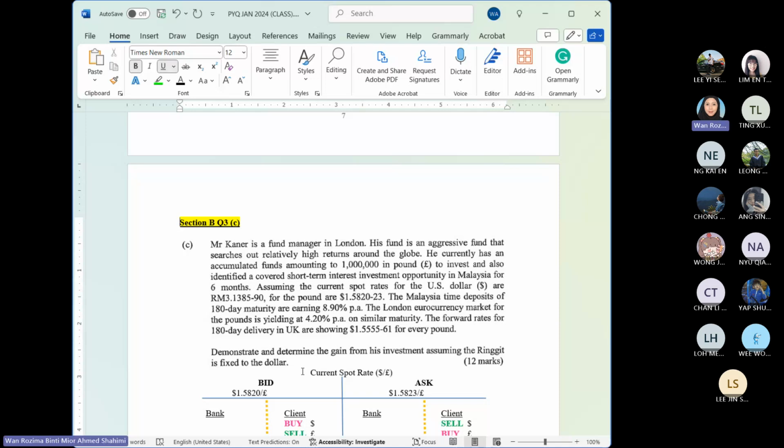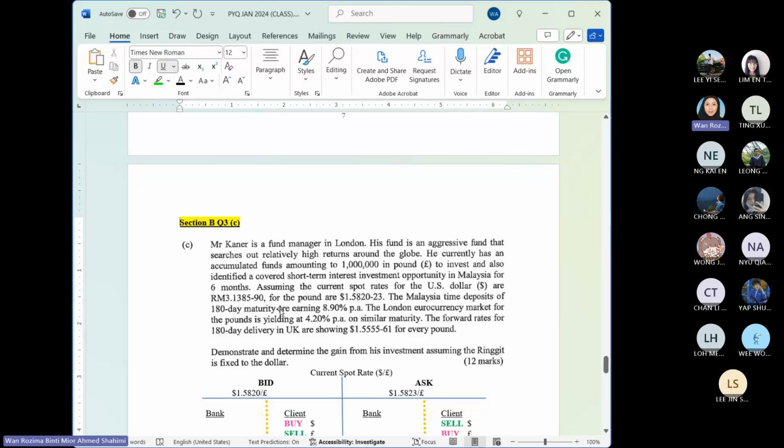The forward rate for 180 days delivery in the UK is showing 1.5555 and 1.5561 USD per pound. Demonstrate and estimate the gain from his investment, assuming ringgit Malaysia is fixed to the dollar. Just fixed ringgit, meaning that today's exchange rate is also the same as the future spot rate.